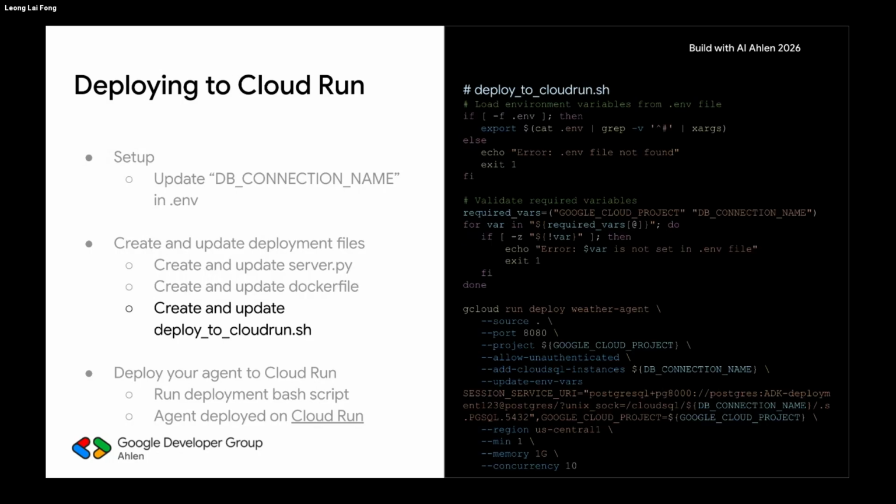Then after that, we have the deploy to Cloud Run batch script. Basically it's just executing the gcloud run deploy with the other parameters.